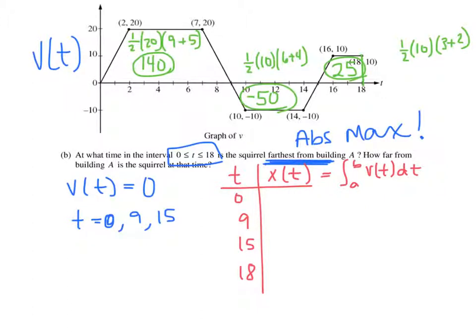Okay, so let's go ahead and find the squirrel's position at each of these different times. The easiest one, the first one, is obviously 0. At time 0, he hasn't moved at all, so his position is still at 0. All right, what about 9? I can see that the area under the curve, the integral of the velocity function, is 140 between 0 and 9.